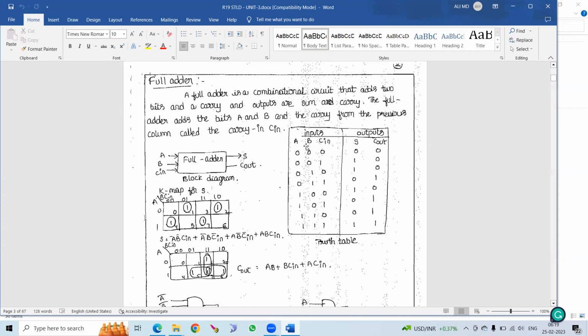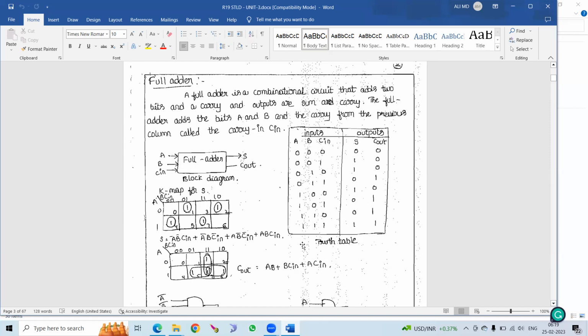Here the inputs are A, B with the carry in, that means carry input C in, having three bits. For three bits, 2 cubed is equal to 8, which means there are 8 combinations for a given 3-bit input. Again, the outputs are sum and carry.